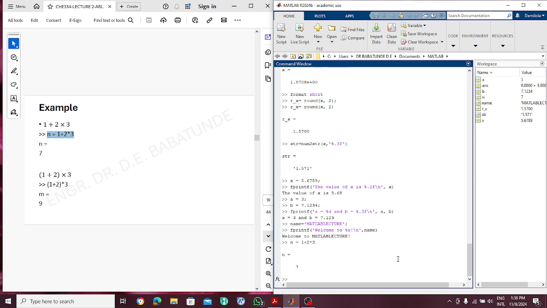Now if we introduce parentheses, let's say what is on our mind is that we want 1 plus 2 to be added first before the multiplication part takes place. That means we should introduce a parenthesis because it's going to change the order in which things happen, because we know that bracket or parentheses have higher precedence than multiplication.